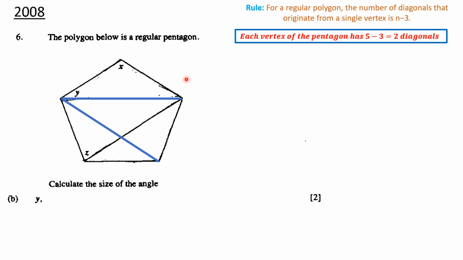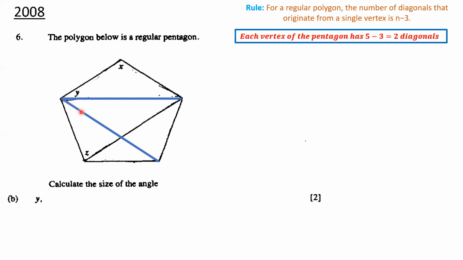And the number of sides for this pentagon is definitely 5. So it's going to be 5 minus 3. And 5 minus 3 is definitely equal to 2. And so that means that for each of these vertices of this pentagon, this one, this one, this one, this one, and this one, it is possible to draw 2 diagonals at most, 2 diagonals for each vertex.